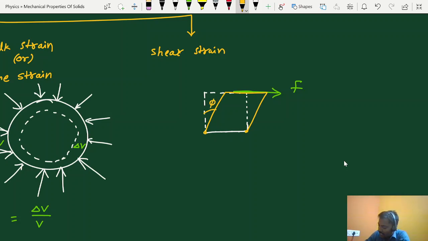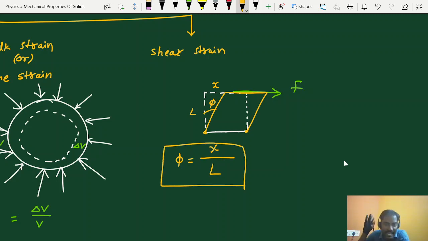This angle is known as angle of shear. So angle of shear is equal to the displacement of the upper side of the body divided by the original length of the side of the body, x by L. Angle of shear phi is always represented in radians.